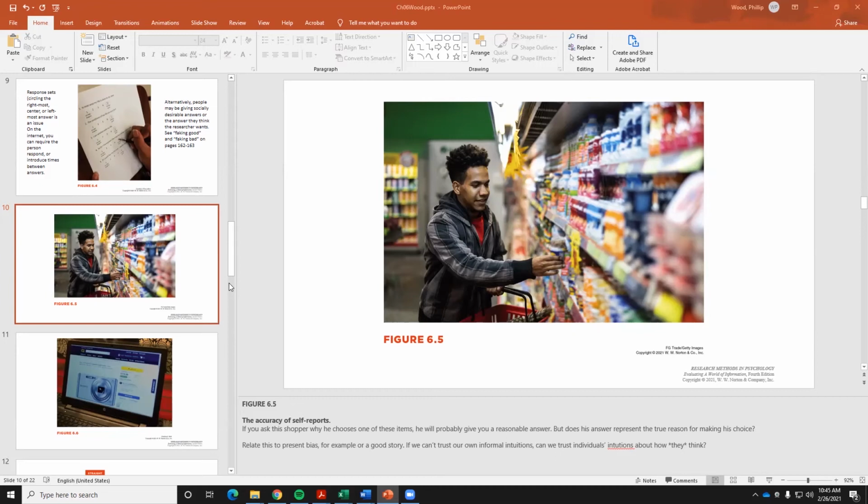Or people might say, I chose this because I'm a careful shopper. Choosy mothers choose Jif. They're kind of telling a good story, aren't they? Well, why would we then go in and take all of these present biases and good stories that people give us and say, oh, this is the foundation upon which I will base my theory?